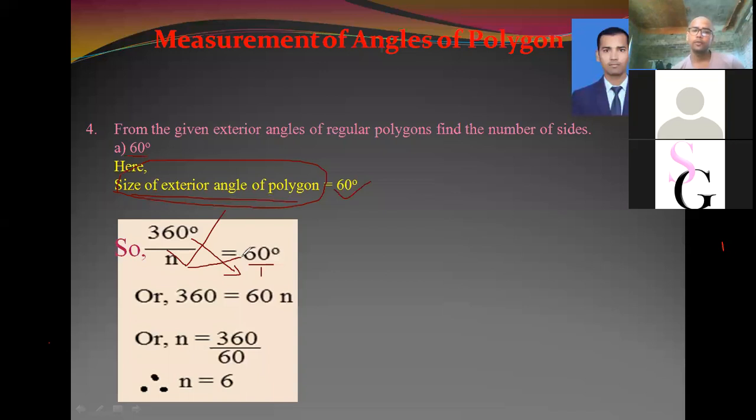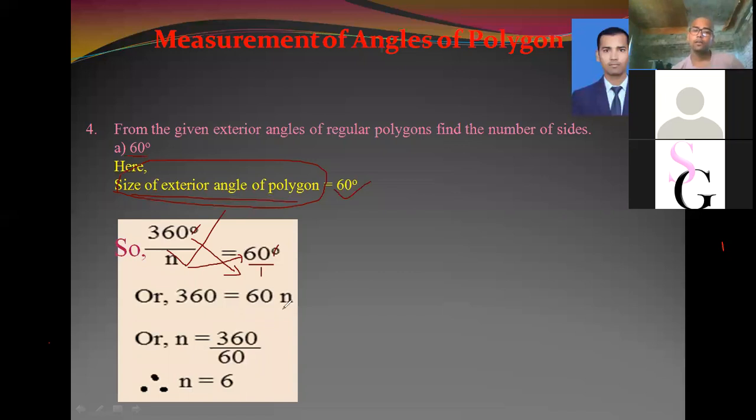So 360 degrees into 1 is equal to 360. Degree cancels degree, so don't be confused about why there is no degree in the 360 and 60. There is no need to show it. So 360 into 1 is 360, which is equal to n into 60, that is 60n.